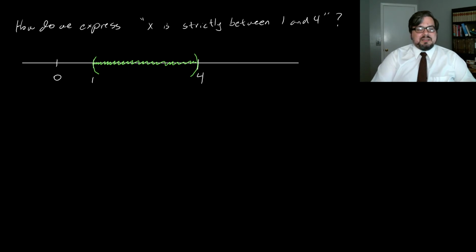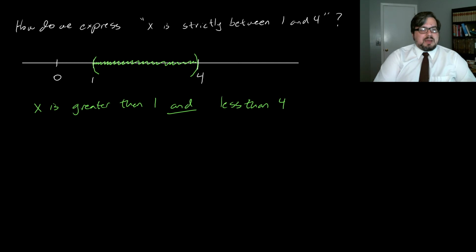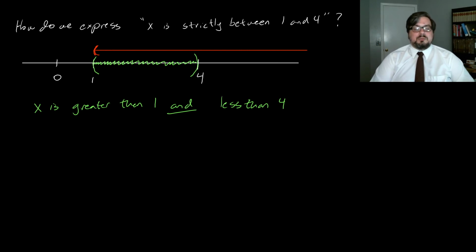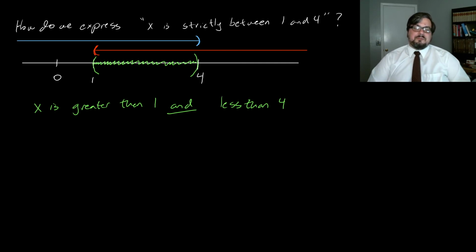But we can do it by combining two inequalities together. So we can say that x is strictly between 1 and 4 by saying that x is greater than 1 and less than 4 simultaneously. So notice what happens when we do that. We're taking a solution set that looks like this. The red one is the set of all numbers that are greater than 1. And then the blue will be the set of all numbers that are less than 4.